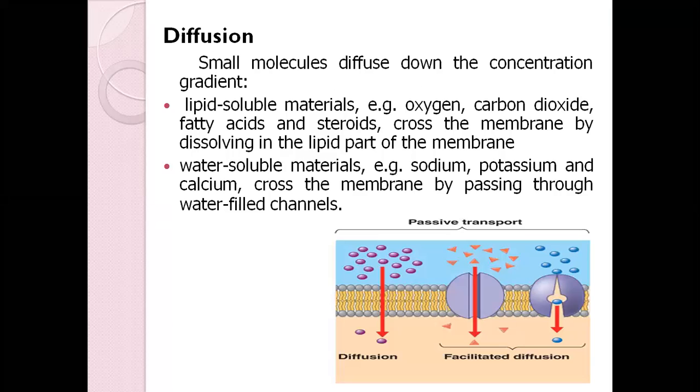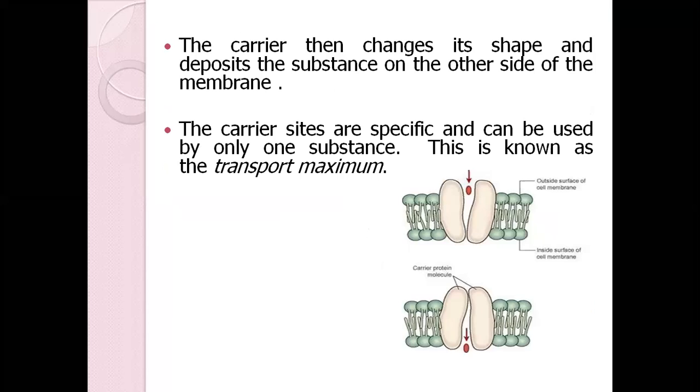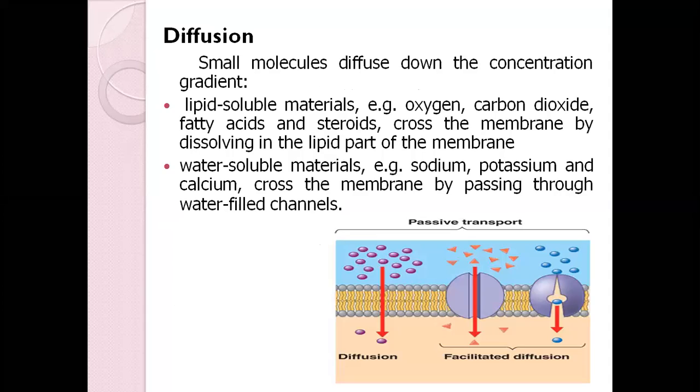Suppose this one, you can see from this diagram, can be used only by this type of protein molecule. Likewise, the protein binding site is not for all substances. It is one type of protein molecule for only one type of substance. So this is known as the transport maximum. This is what happens in diffusion and facilitated diffusion.